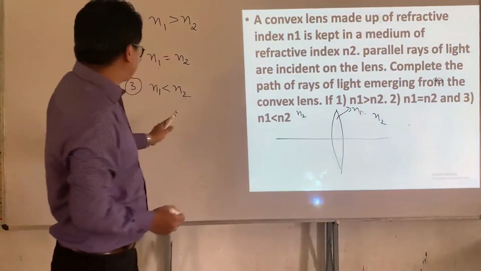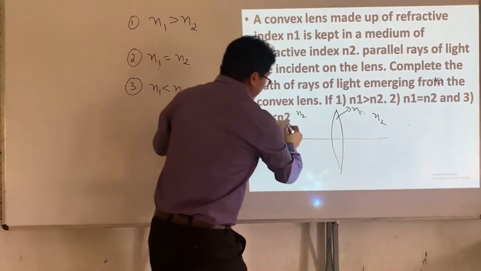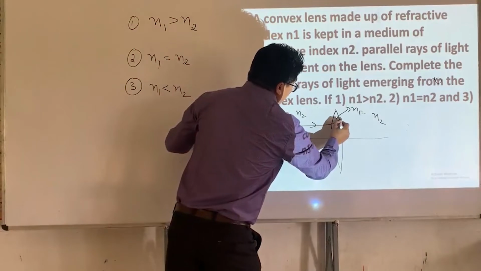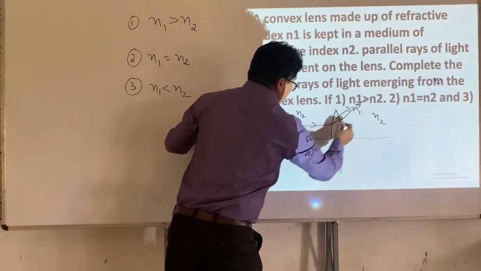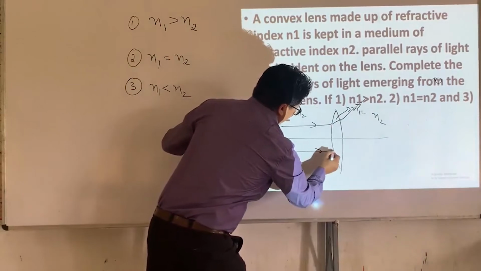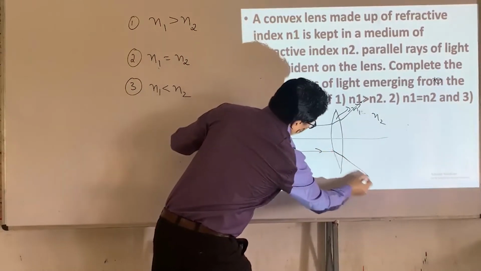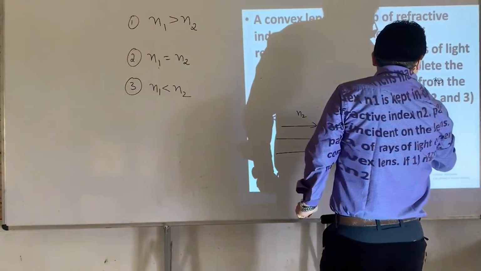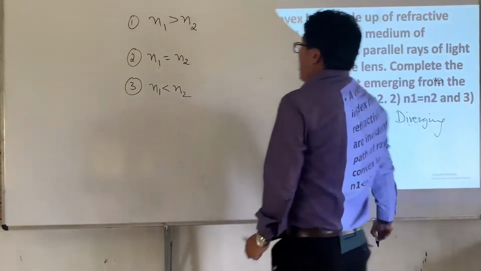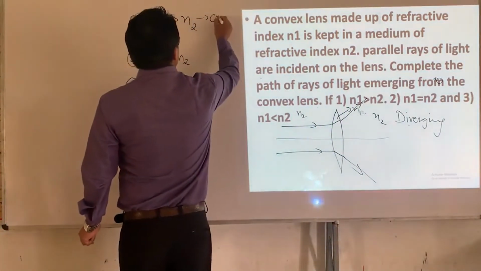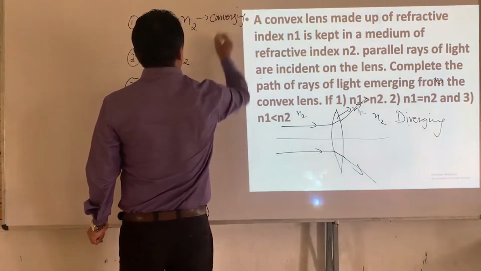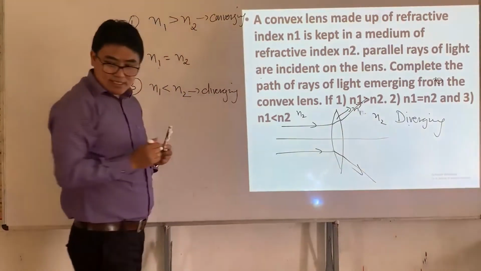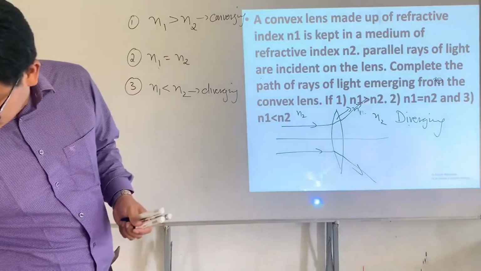So N1 is less than N2. So look here, this goes like this, then away from the normal, then towards the normal, then away from the normal, then towards the normal. So this is diverging. And this is converging, and this is a diverging image. Okay, so this is the case.